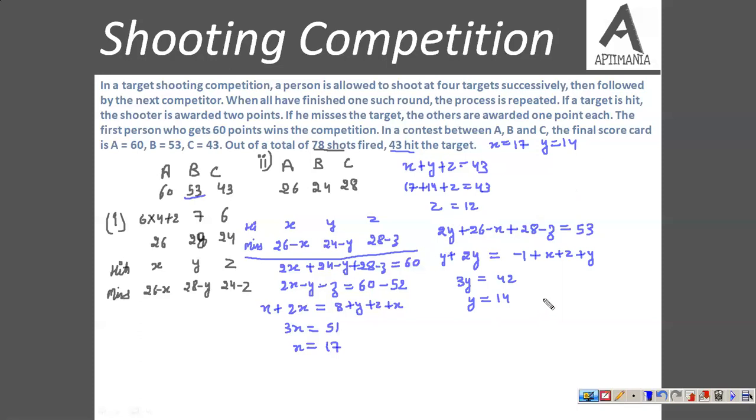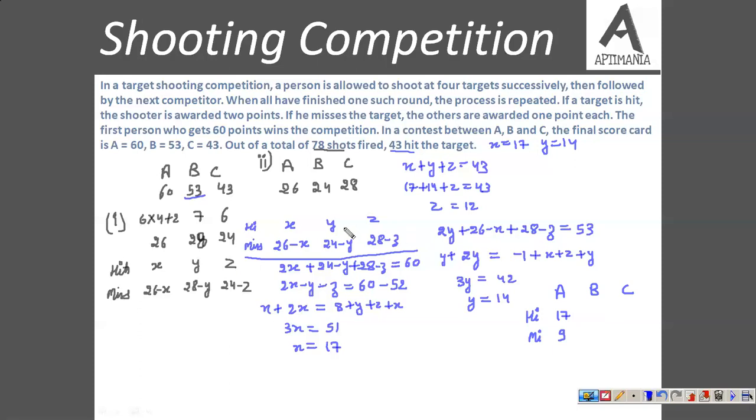So let me write it down here. A, B and C. A hit how many targets? So x is 17, hit by A, and the number missed by A was 26 minus x. So 26 minus 17 is basically 9. Fine.